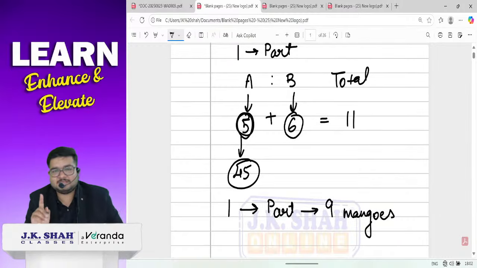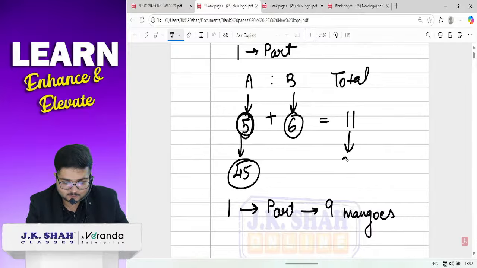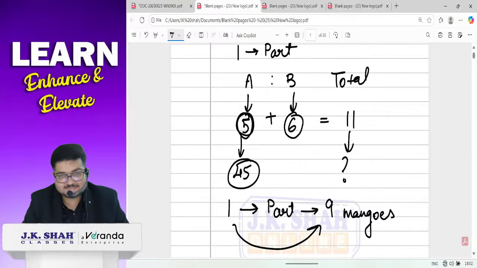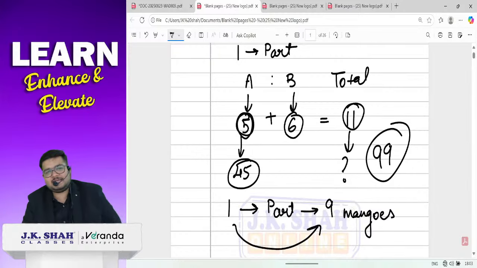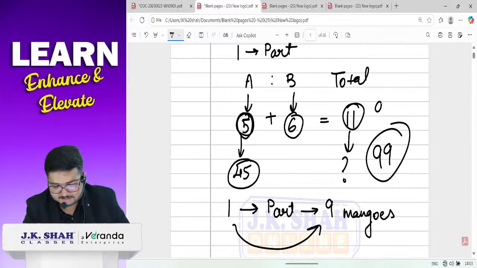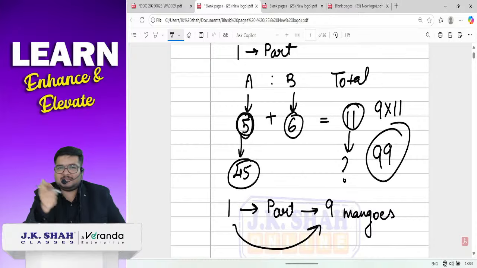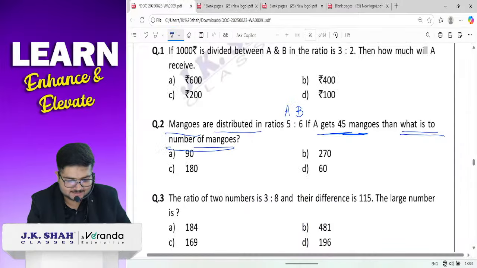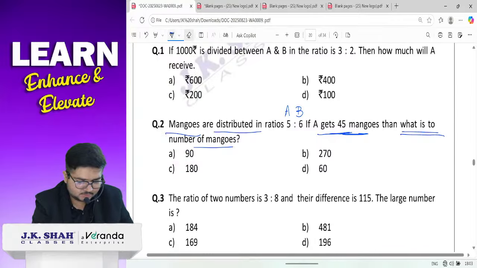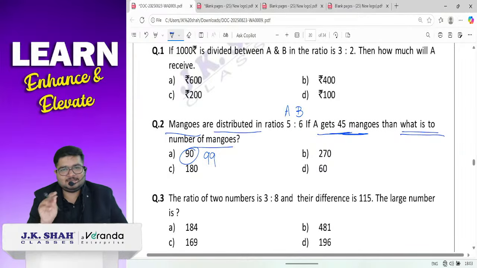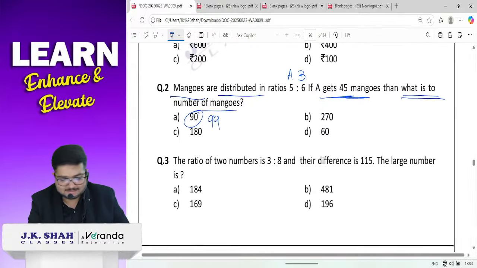Now we only have to find the value of 11 parts. If one part is 9 mangoes, 11 parts will be 99 mangoes. You just have to do 9 into 11. So the answer is 99. Here is a little printing mistake: the answer is option A, it is 99. The answer is not 90, the answer is 99.